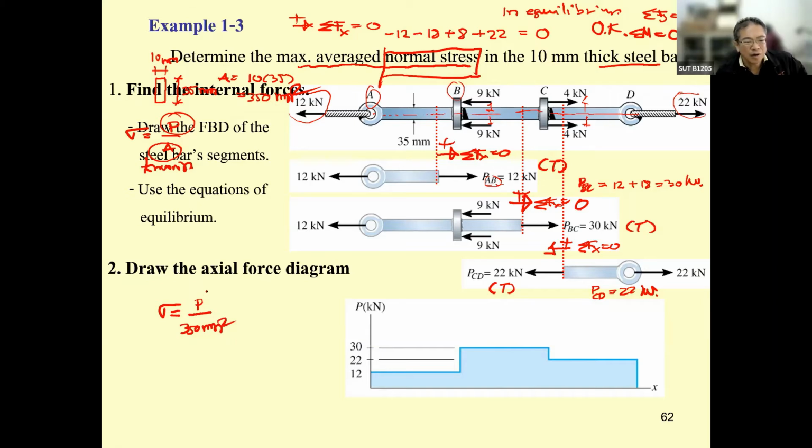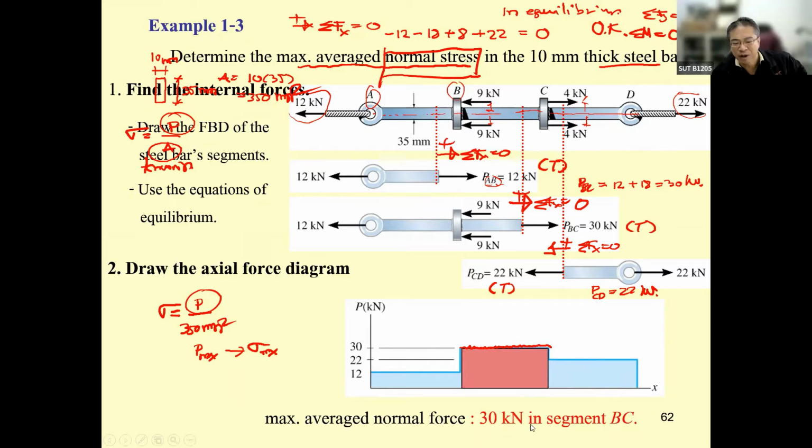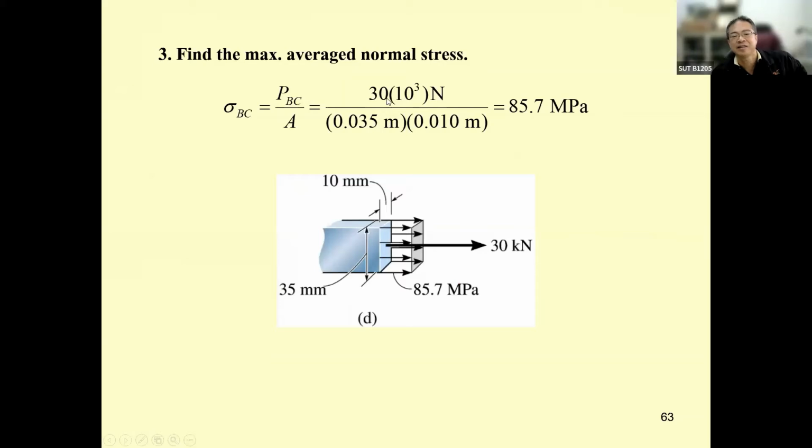So the force P is going to be given, okay, because of what? Because P max will produce sigma max. So we know the sigma max will occur in this portion BC, and then we can compute the maximum average normal stress easily. Just divide this one by this one, or actually if you prefer, you just take this one out and divide this one by 350 millimeter square.